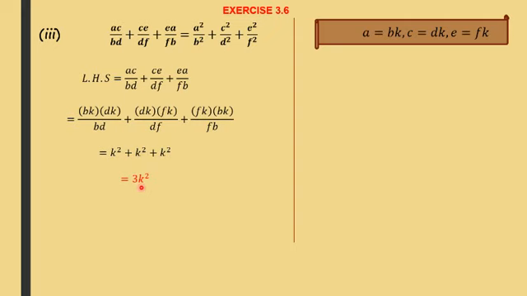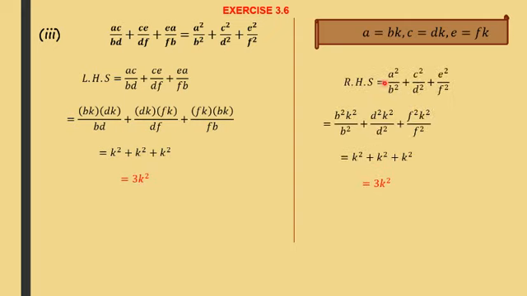Now, right hand side, that is A square over B square plus C square over D square plus E square over F square. A is BK, A square means B square K square, C square means D square K square, and E square means F square K square. Why? Because A is equal to BK, C is equal to DK, and E is equal to FK.